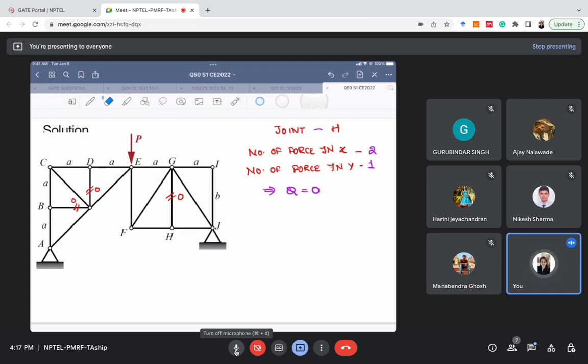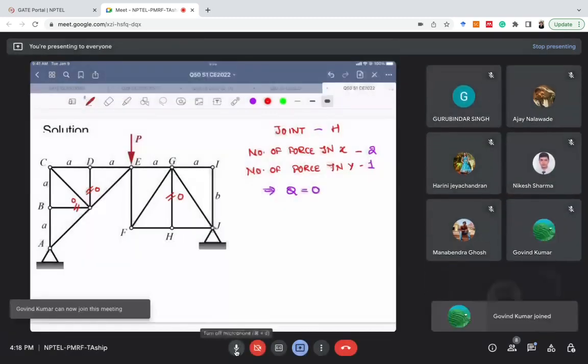Otherwise, in this big truss, you have to first find the reaction, then go joint by joint until you reach the joint at EF, and then analyze the forces in member EF. So we are simplifying that big question by using the zero force member concept.